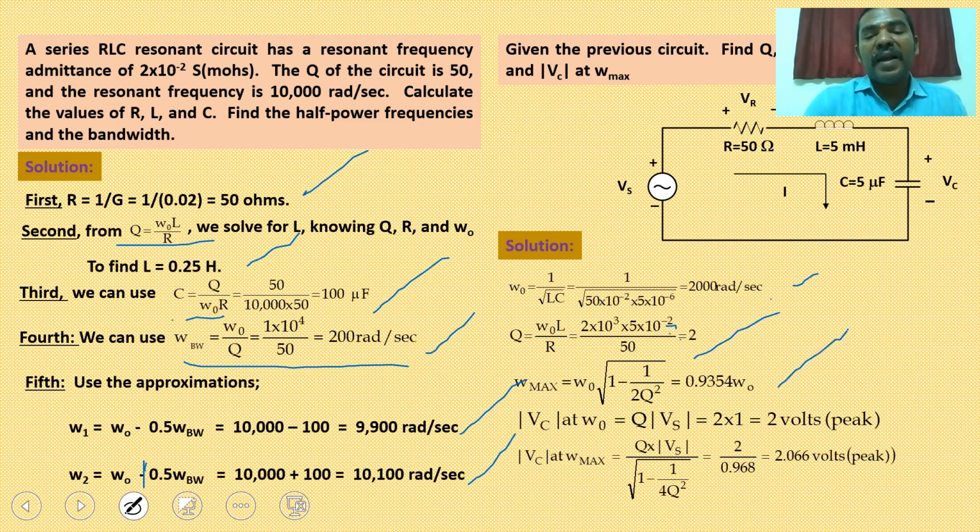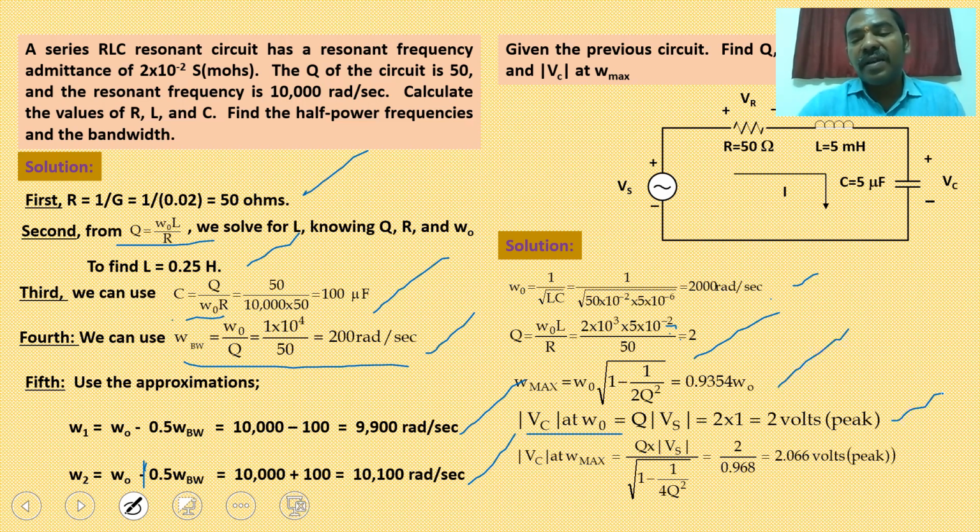Now for Vc at omega naught, you calculate Q into the magnitude of Vs. Here the magnitude of Vs is taken as 1, so the peak voltage is 2 volts. Similarly for the maximum value of Vc, substitute Q into the magnitude of Vs divided by root of 1 plus 1 by 4 Q square.